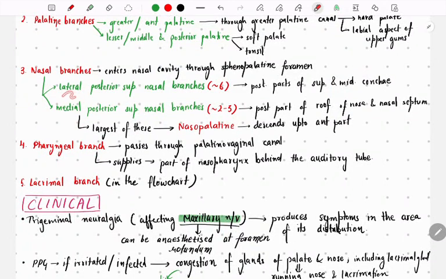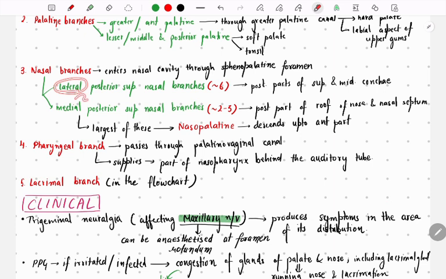One goes laterally and one goes medially. So the lateral ones are lateral, posterior and superior nasal branches, and they supply the posterior parts of the superior and middle conchae.